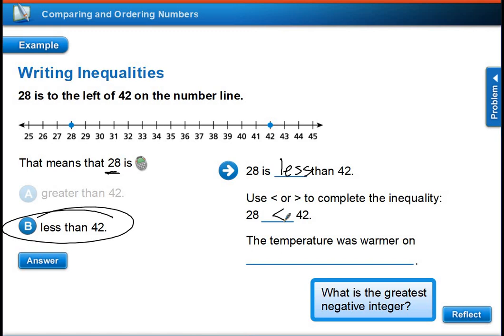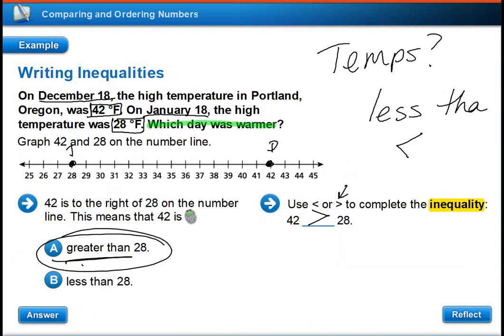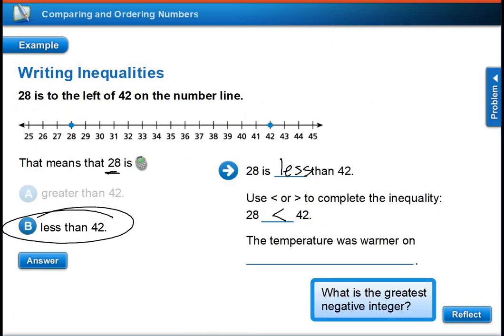So since 42 is greater than 28, and we can also say that 28 is less than 42, the temperature was warmer on, well, now I forget which day is which, so we can go back. I'm sure you can see it on your notes. It was 42 degrees on December 18th. So oddly enough, it was actually warmer on December 18th.